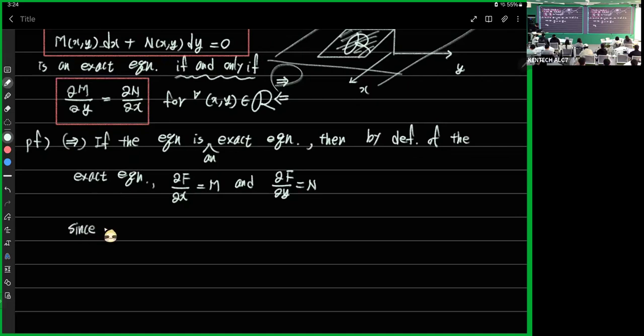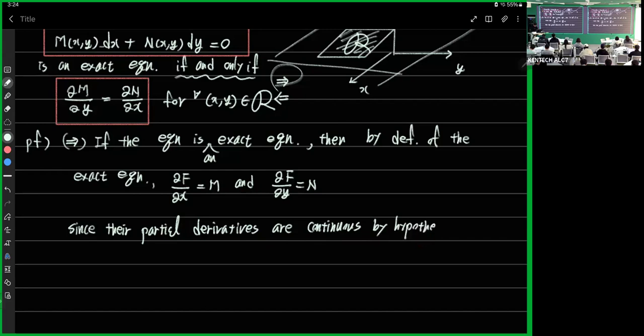Since their partial derivatives are continuous by hypothesis, partial f, partial x and partial y is equal to partial m partial y.